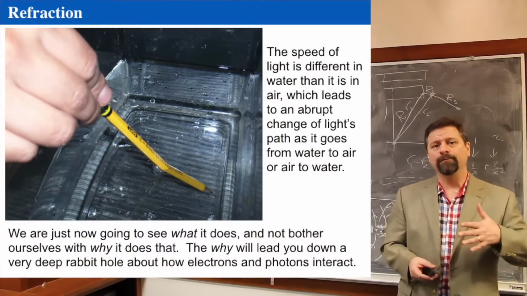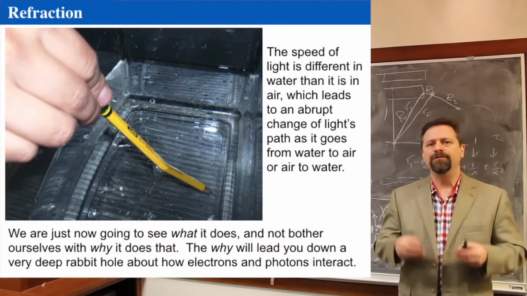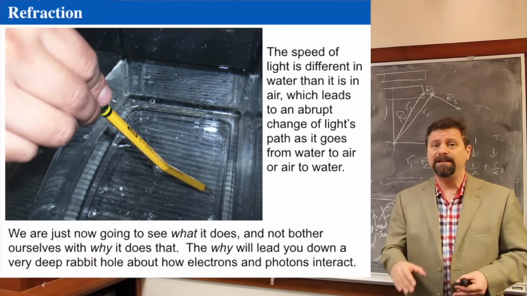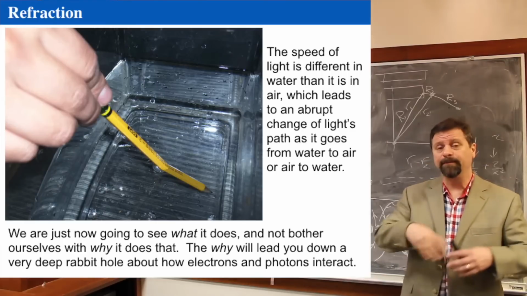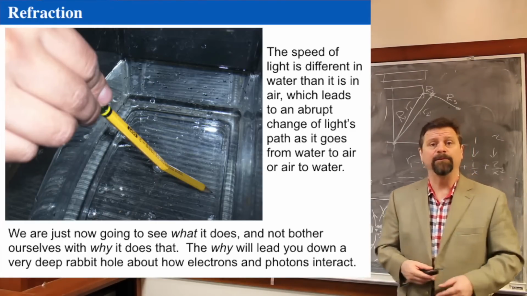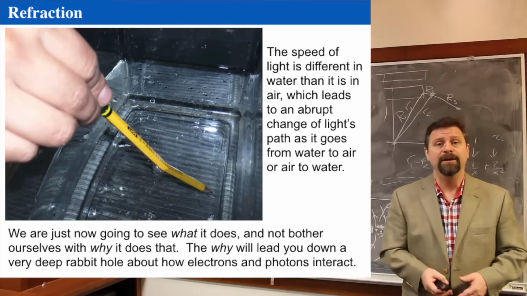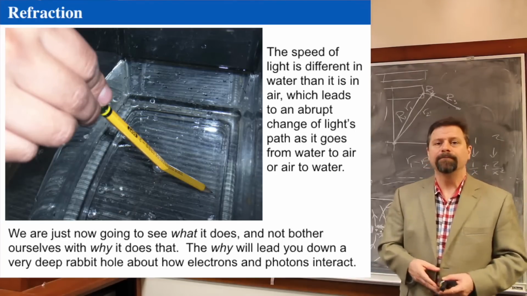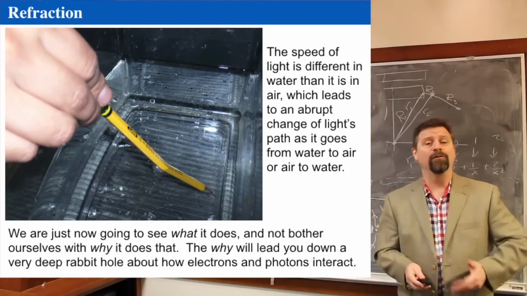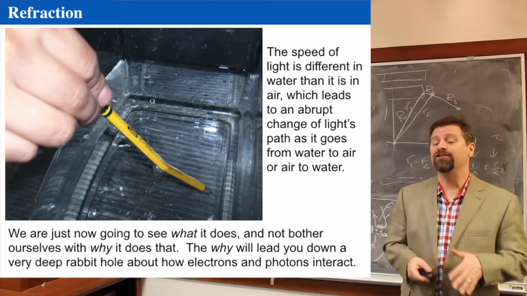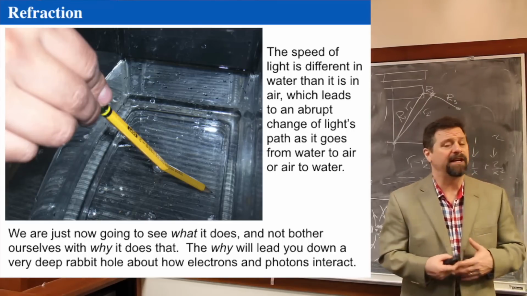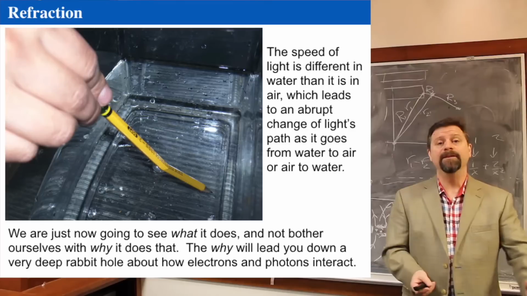Refraction is simply what you observe when you see light going from one medium, say air, into a different medium, say water. When we talk about medium, we're talking about the thing in which light is currently traveling. If you're looking at interstellar space, the medium is a vacuum.